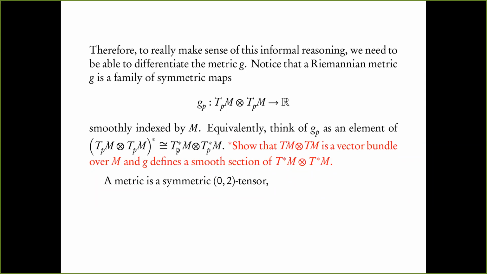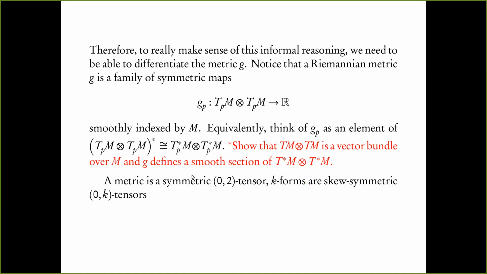So if there's a wedge here, it would have been a 2-form, but because it's a general tensor, and because the map is symmetric, this is symmetric in the indices. So it's a symmetric 0-2 tensor, because you have 2 copies of T star and no copies of TM.